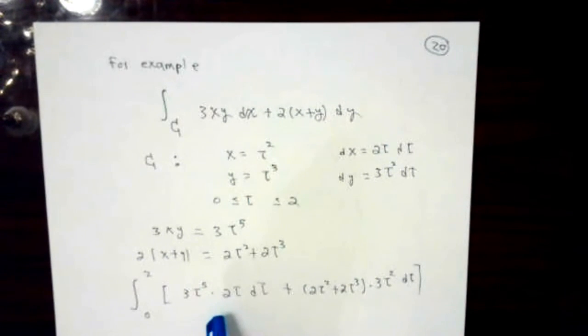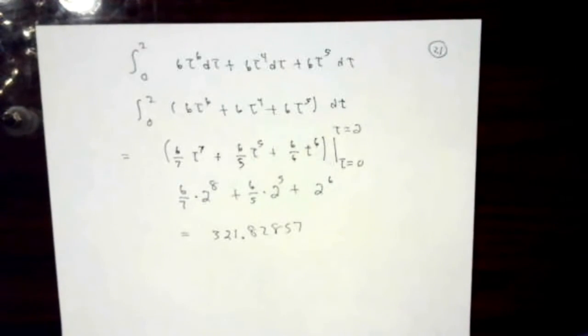So this is m, this is dx, this is n, and this is dy. So abusing the language in the standard way, factor the dt out to the right, and you're left with an ordinary polynomial integration problem to do. If I've done my antiderivatives correctly, this is 321.82857.